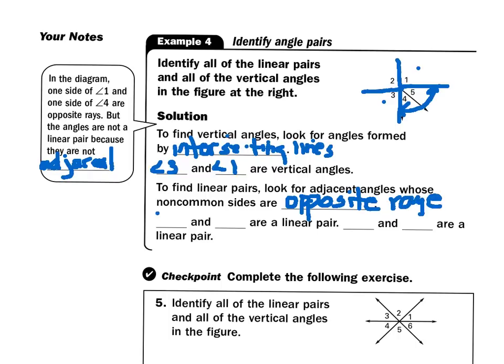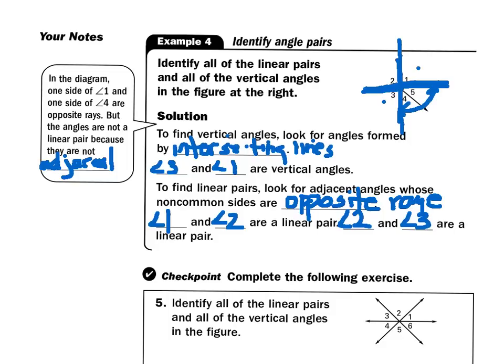So linear pair, angle 1 and angle 2 are made of a straight line at the bottom. Now, that's the obvious one, so a lot of people stop right there. But do you see this one? Angle 2 and angle 3 are also linear pairs.